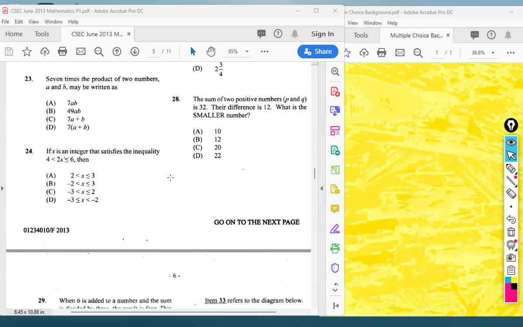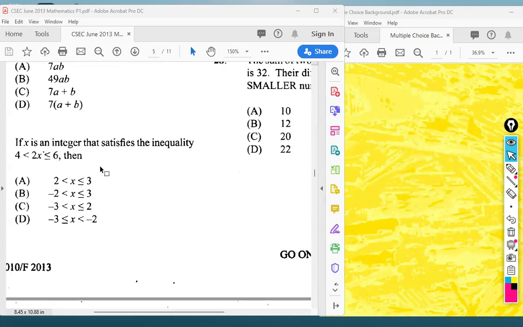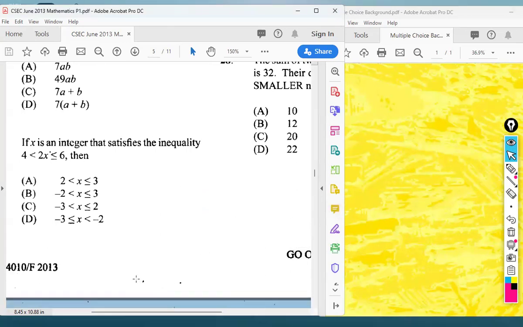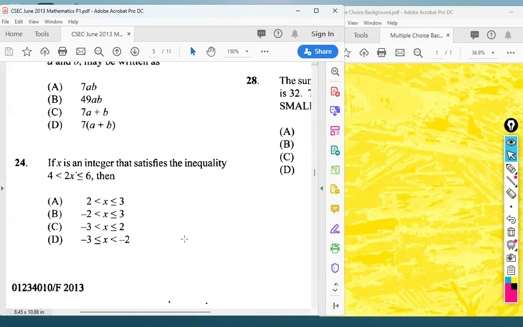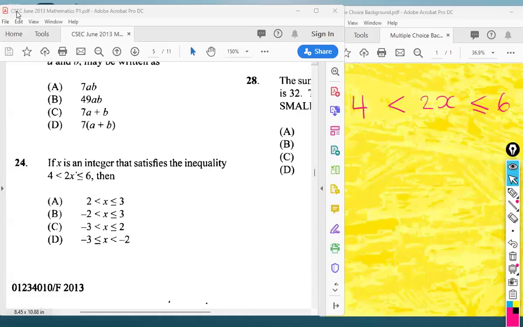Oh, well, it's only number 24 to look at. Let me just zoom in on 24 here. Right, so number 24 there. It kind of follows the concept of an equation.